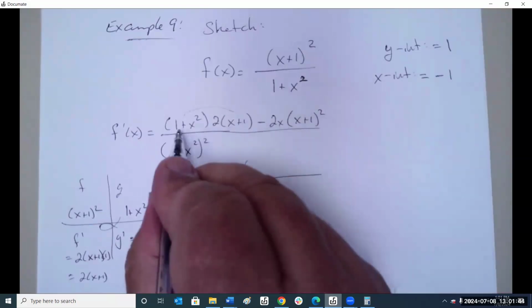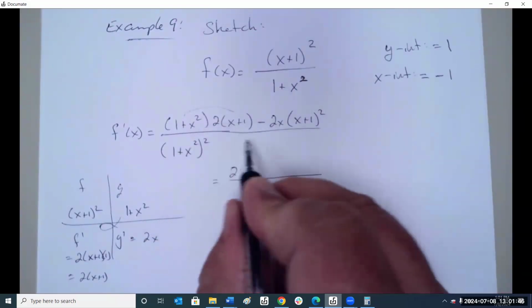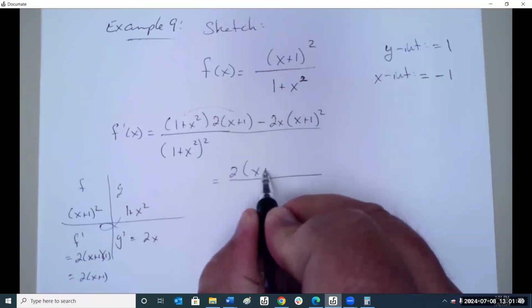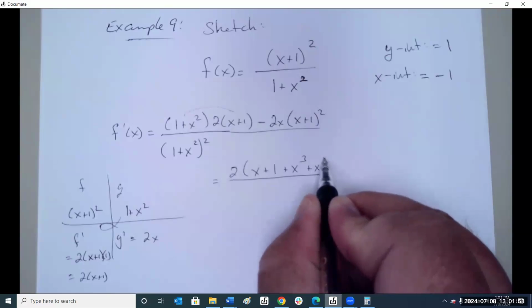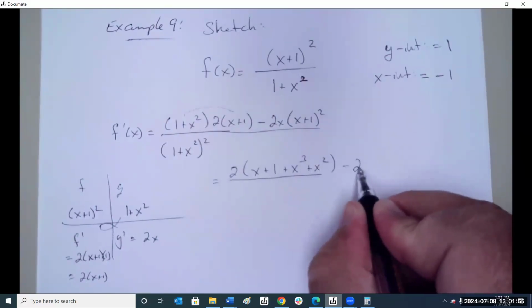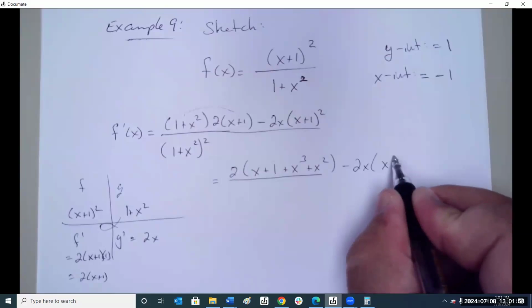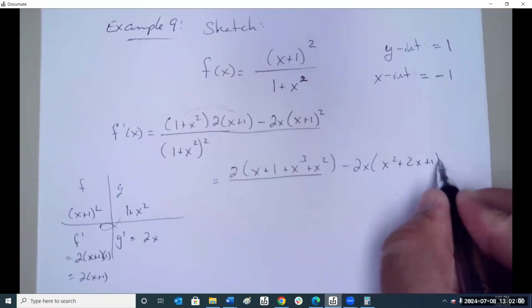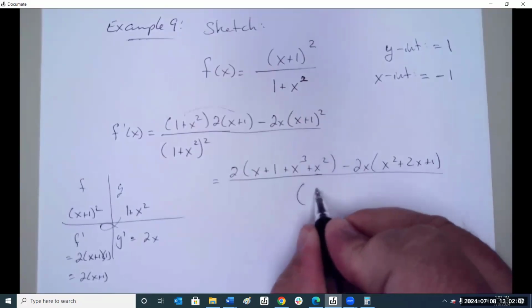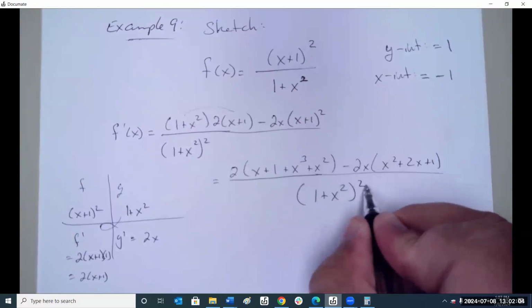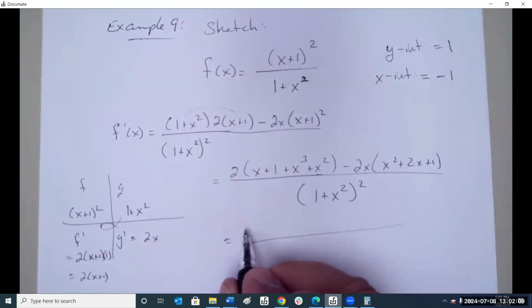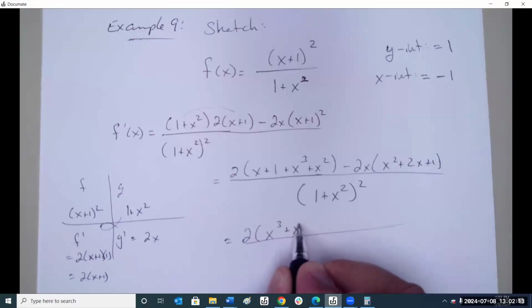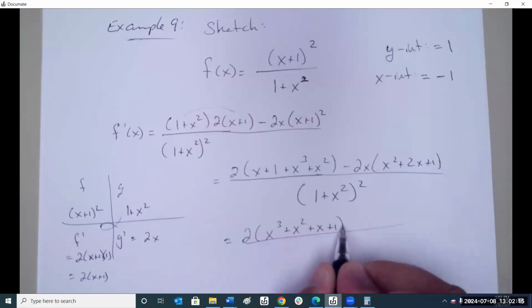Then combine those, we have x plus 1 plus x cubed plus x squared minus 2x(x squared plus 2x plus 1) plus x squared squared.